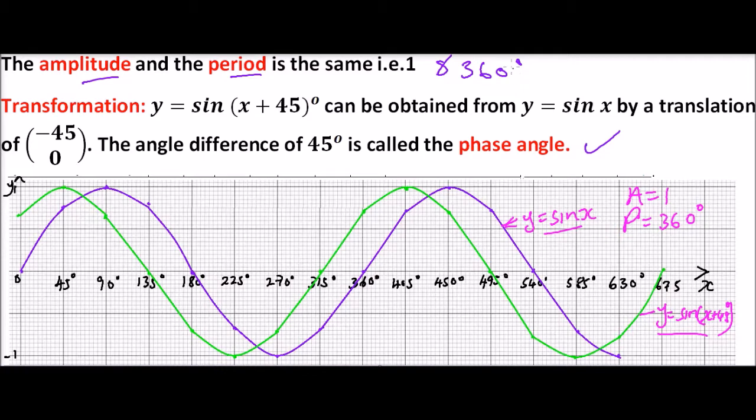So from here, we are going to analyze the 3 graphs that we have plotted so that we can make some conclusions.